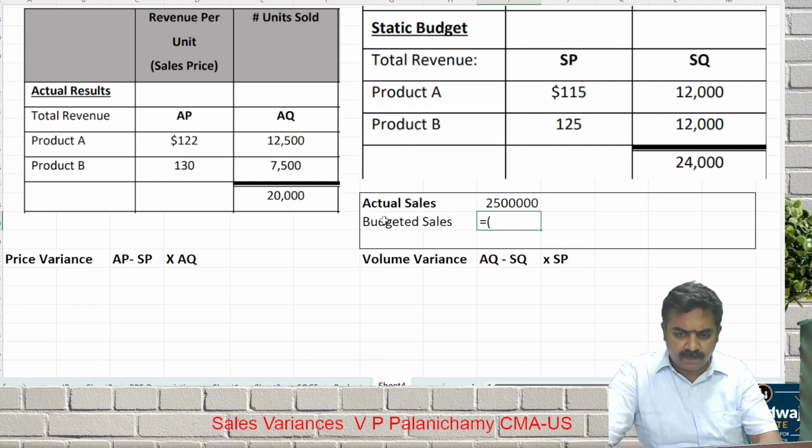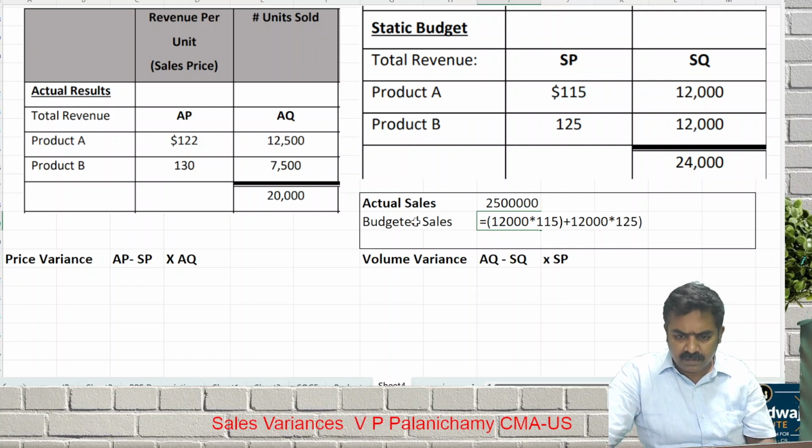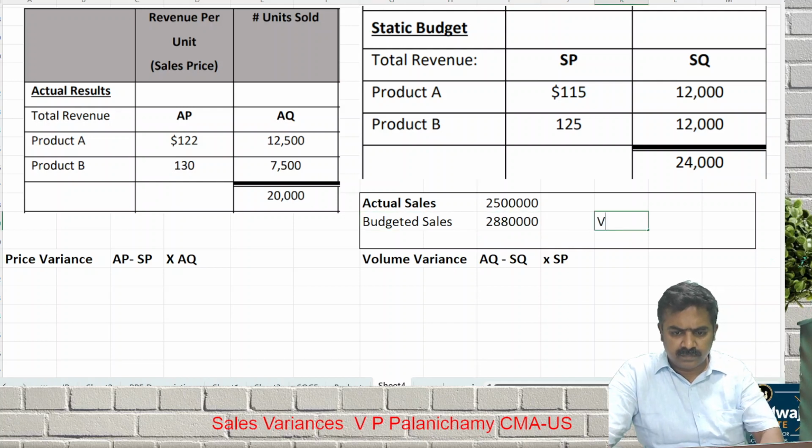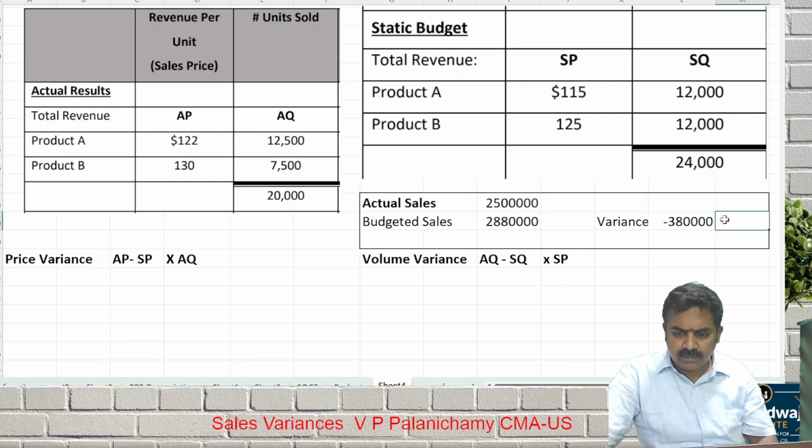Budgeted sales. Three lakh 80,000 variance. Unfavorable.